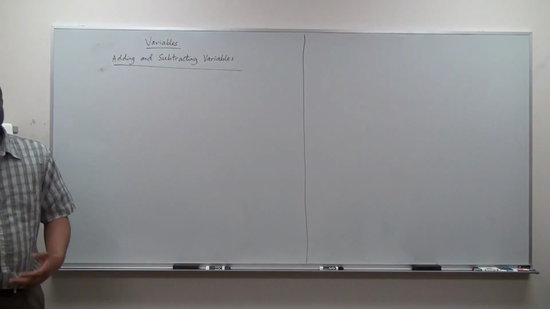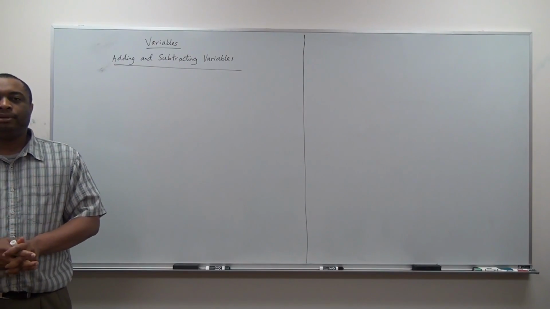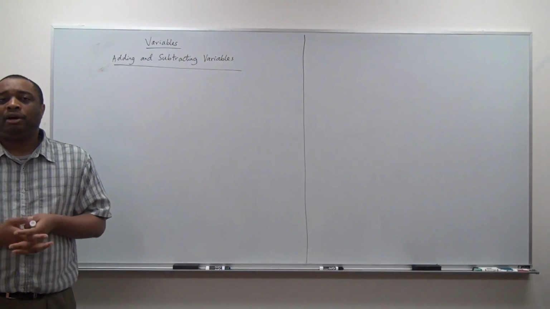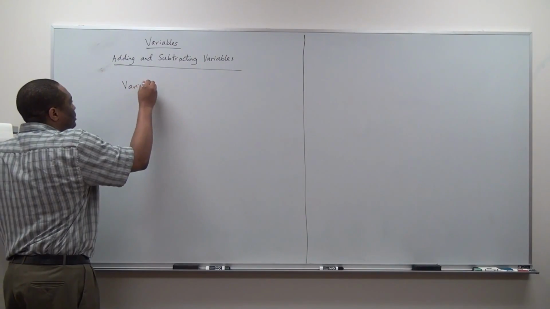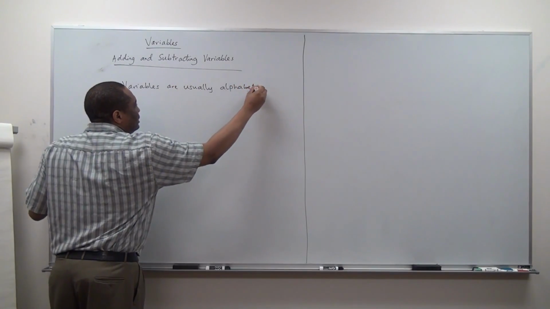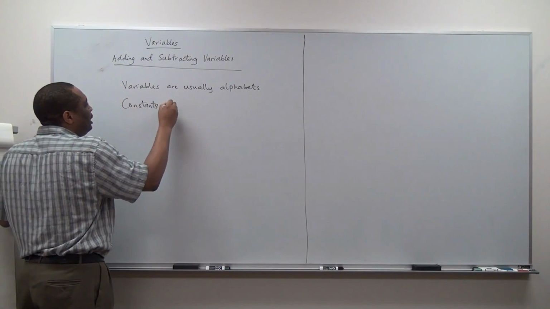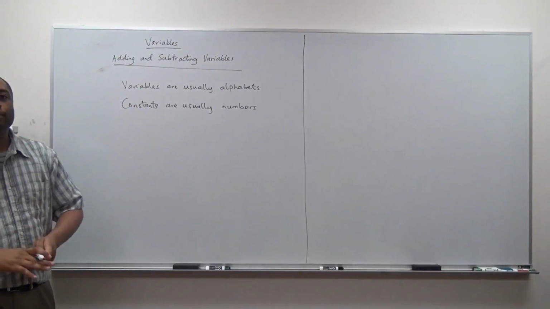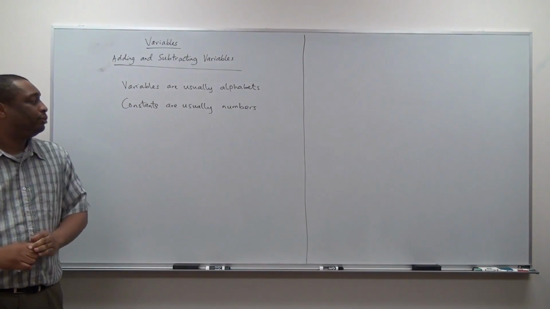In mathematics, we usually refer to variables as alphabets. Anytime you see alphabets, we usually call them variables. Variables are usually alphabets, and constants are usually numbers. This is not a fixed rule, but for your level, we shall be going with this rule.